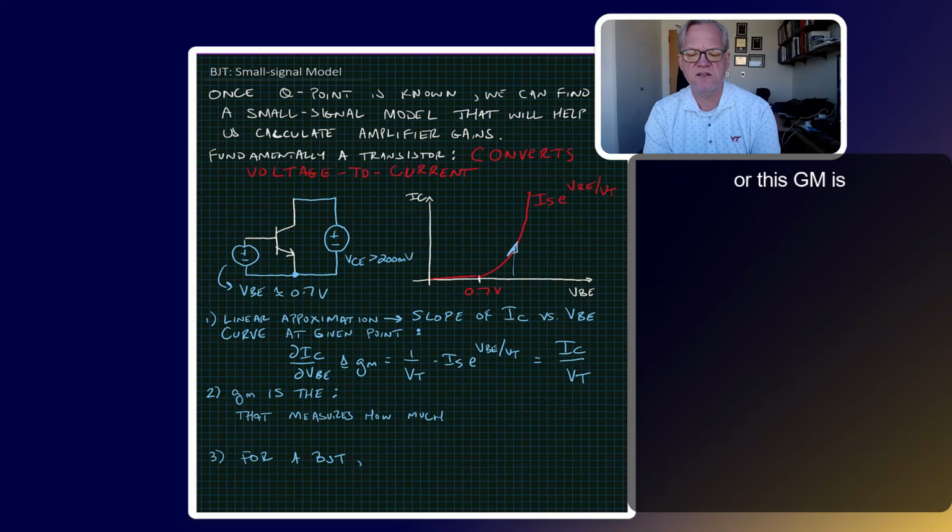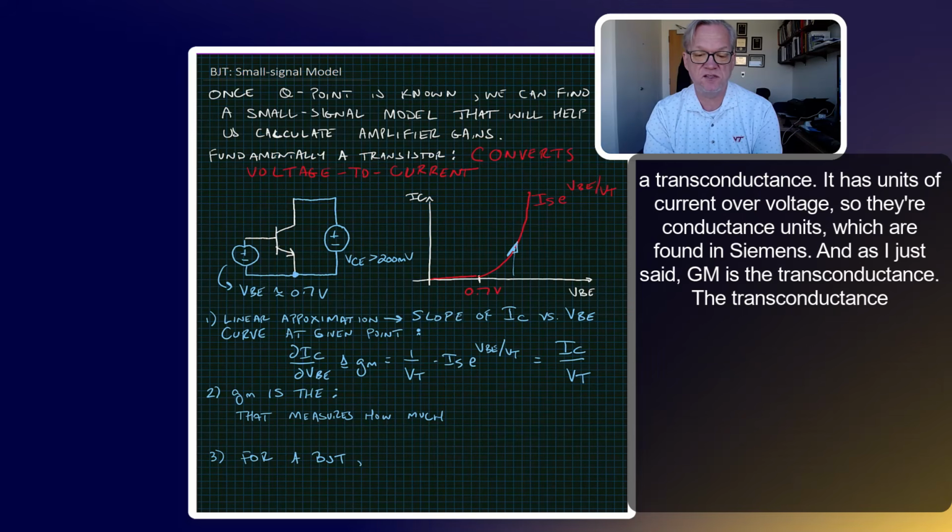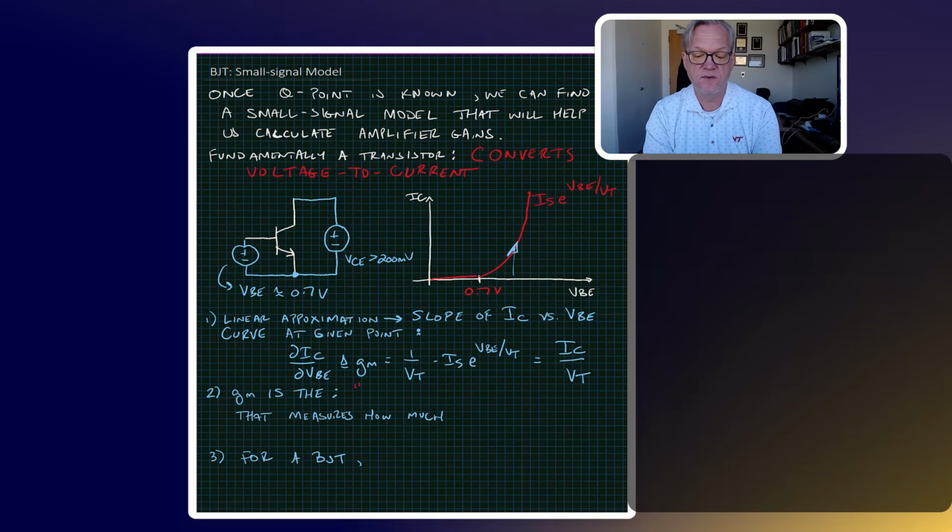So this gm is a transconductance. It has units of current over voltage, so they're conductance units, which are found in Siemens. And as I just said, gm is the transconductance.